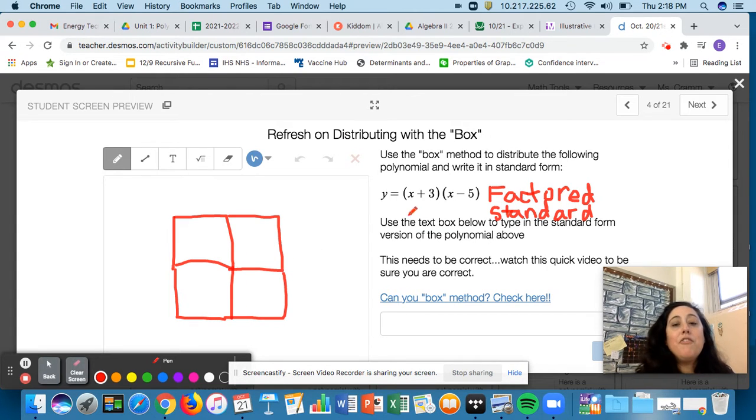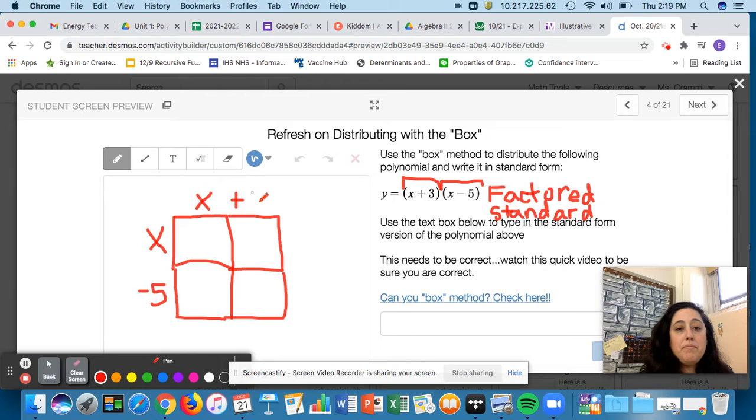The factors themselves, x plus 3 and x minus 5, need to always be outside of the box. The product, or the standard form, will be inside the box. Multiplication is commutative, so it does not matter if you put x minus 5 on top or on the side.